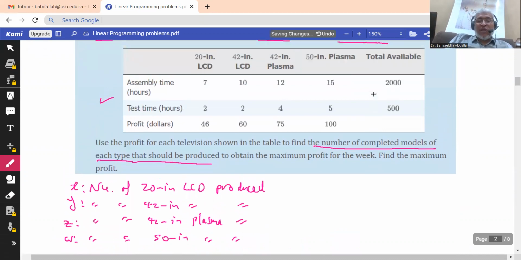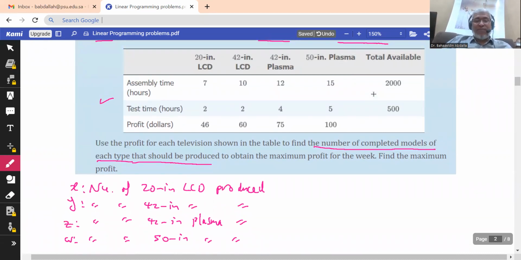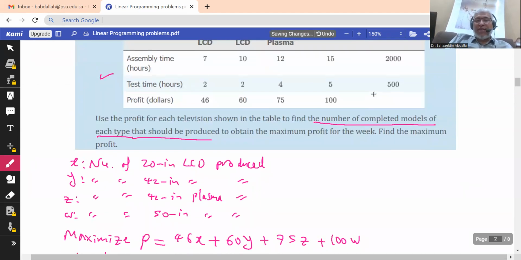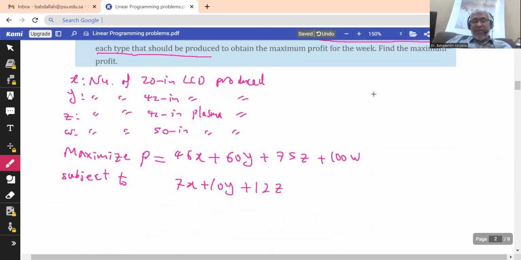The first inequality, the assembly time: 7 times X, 10 times Y, 12 times Z, 15 times W. This is the assembly time for all models.